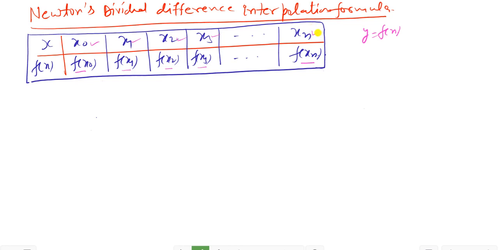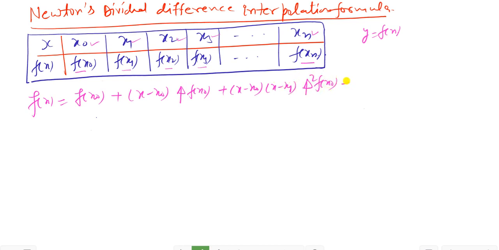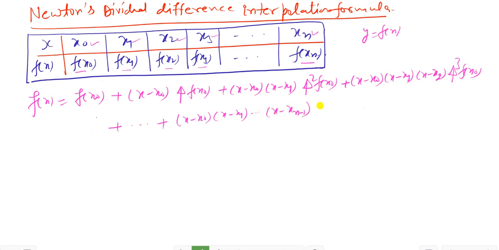Then Newton's divided difference interpolation formula is f of x is equal to f of x naught plus x minus x naught first divided difference of f of x naught plus x minus x naught x minus x1 second order divided difference f of x naught plus x minus x naught x minus x1 x minus x2 the third order divided difference f of x naught plus up to plus x minus x naught x minus x1 to x minus x n minus 1 the nth order divided difference f of x naught.